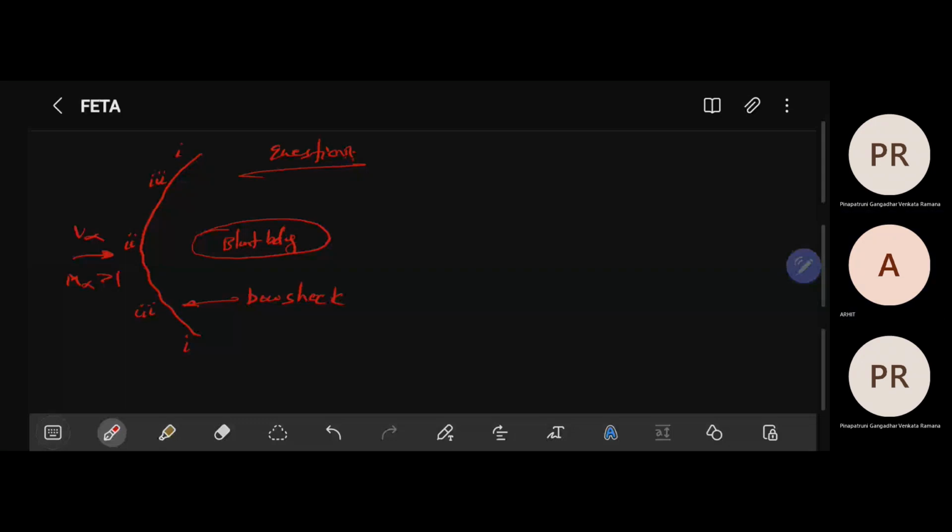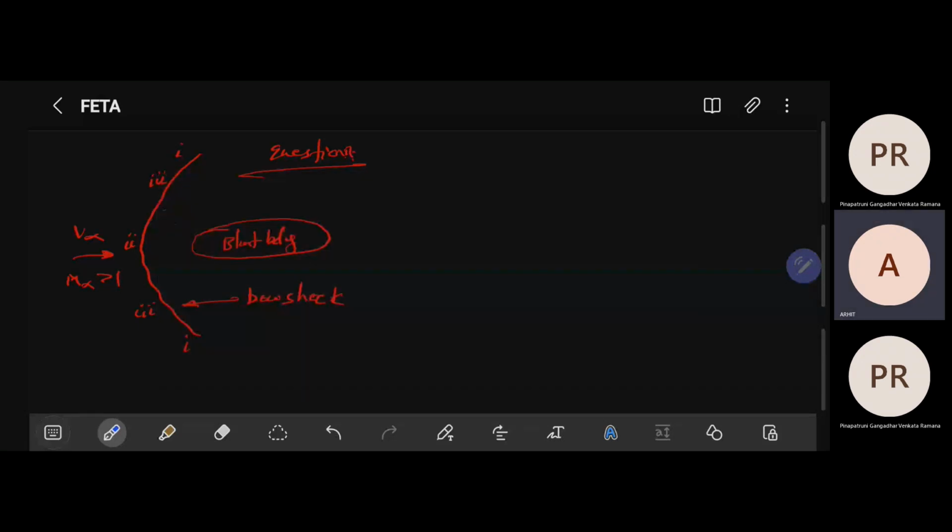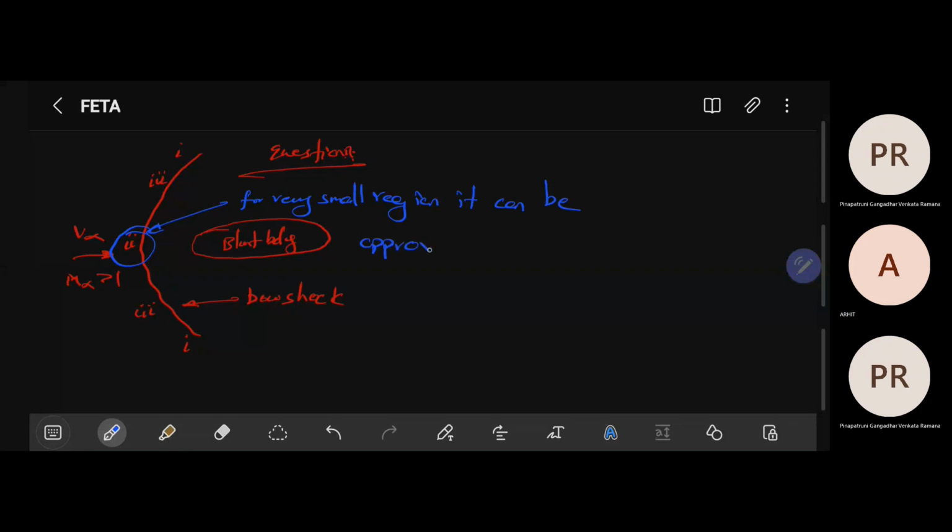Sir, is it location 2? Yes, it will be location 2. This small region, not for a very long region, for a very small region can be approximated as a normal shock wave.